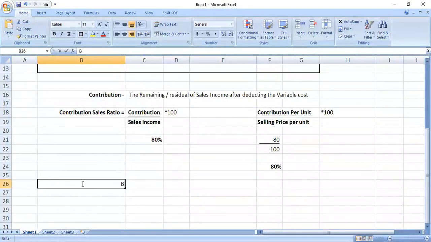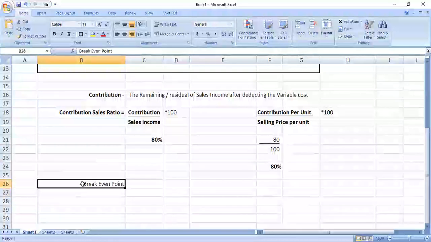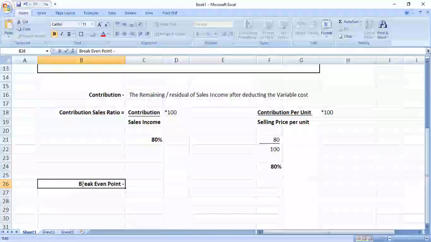Now we are moving on to another concept under this cost volume profit analysis, which is break even point. What is break even point?